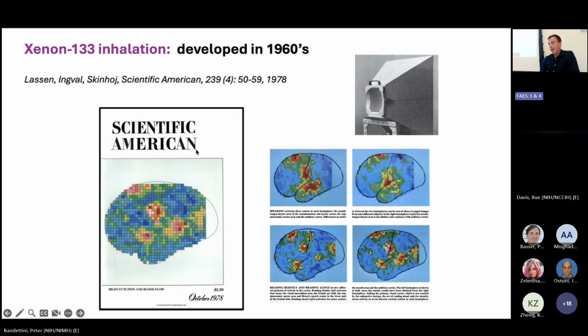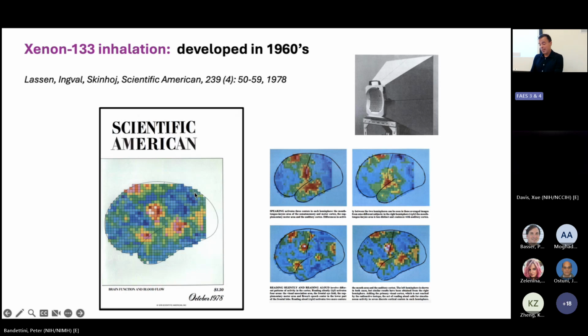It was using inhaled xenon-133. It wasn't CT. This was with a scintillation counter that was placed up to the side of the head that would count the radioactivity counts as it deposited in the brain.